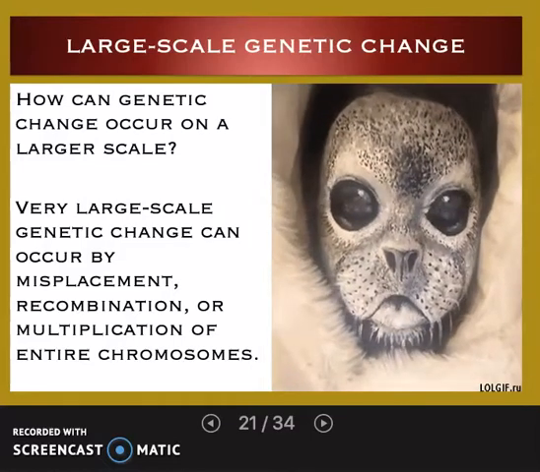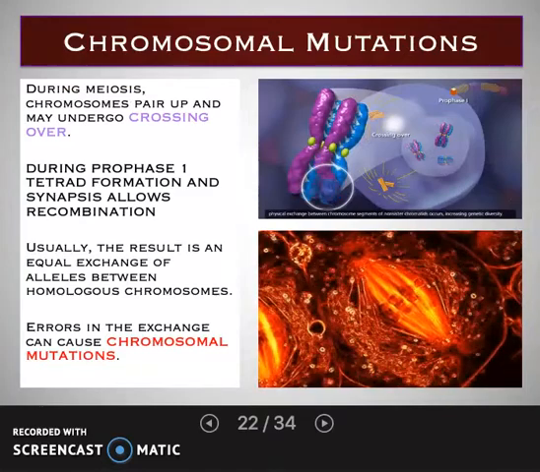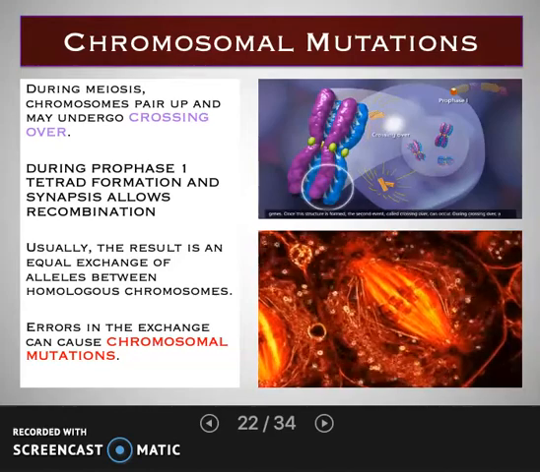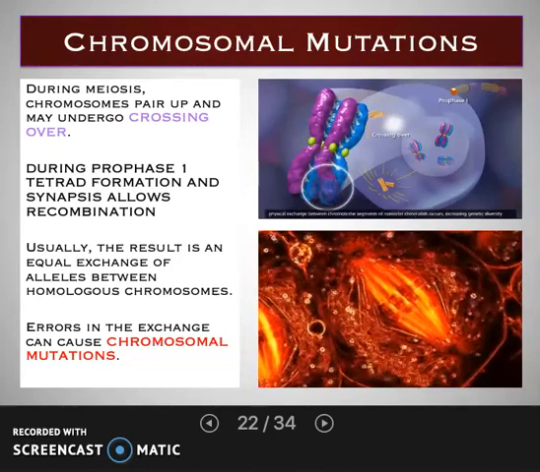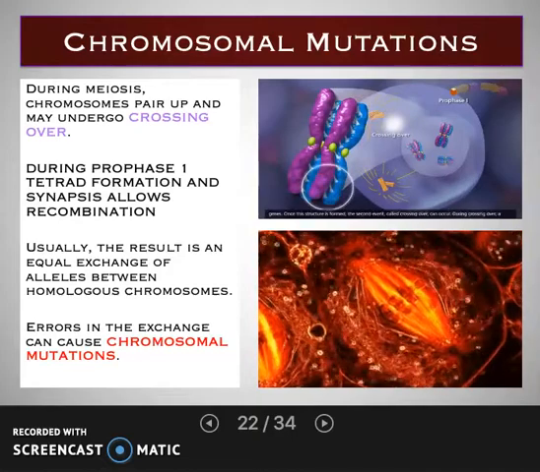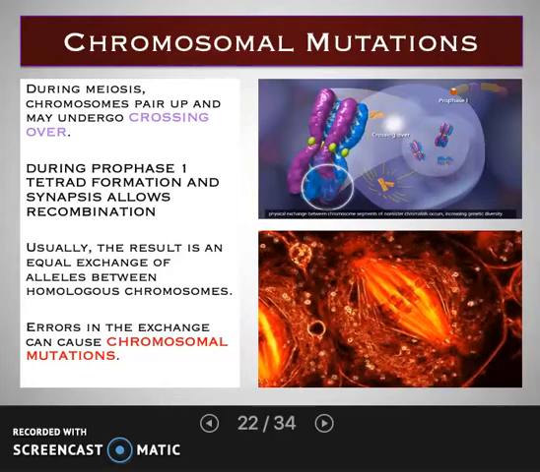So when does it happen? Chromosomal mutations generally occur during the prophase 1 of meiosis. Remember that prophase 1 of meiosis was notable because of this phenomenon called tetrad formation.